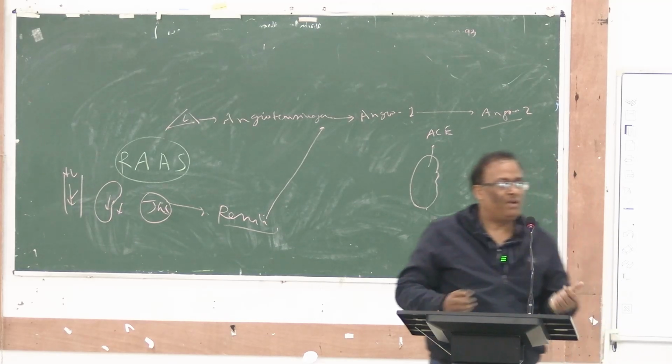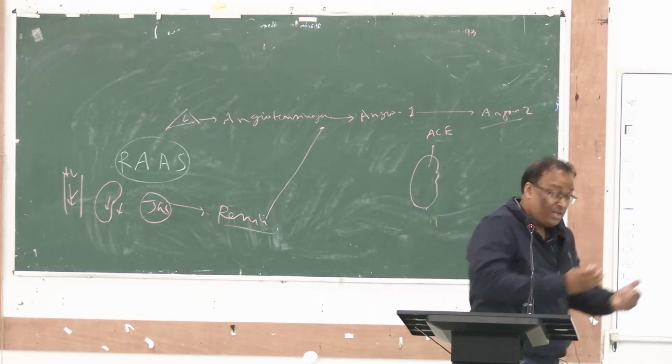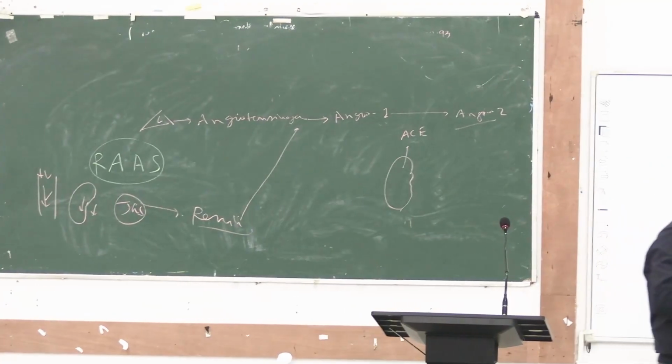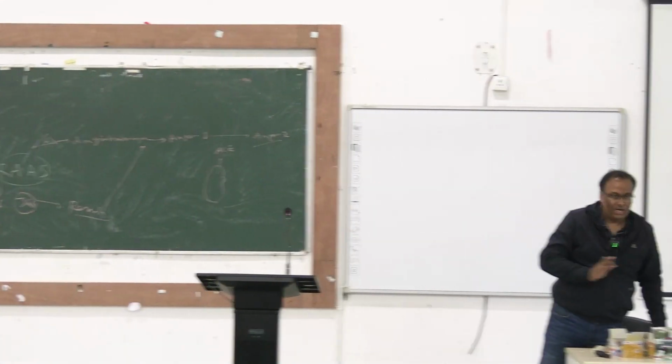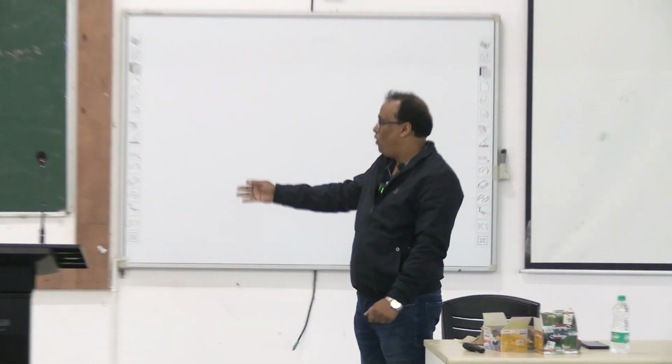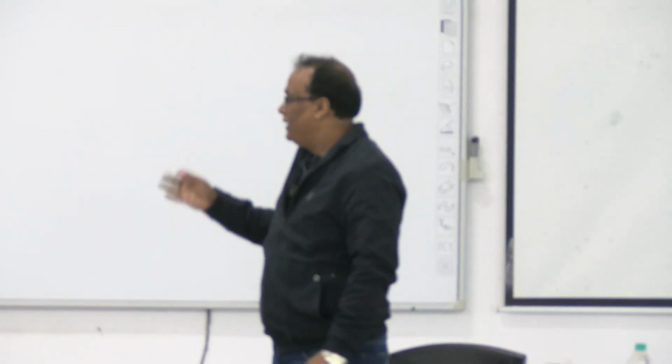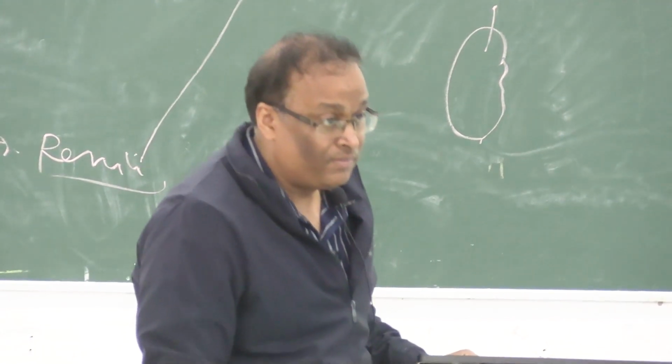So what will happen? Ultimately, fluid reabsorption will be there, so that blood volume can be increased ultimately. So if there is low BP, low blood volume, then the RAS system will be activated. Due to the low perfusion of the kidney, juxtaglomerular cells will be activated, and then only renin will release.